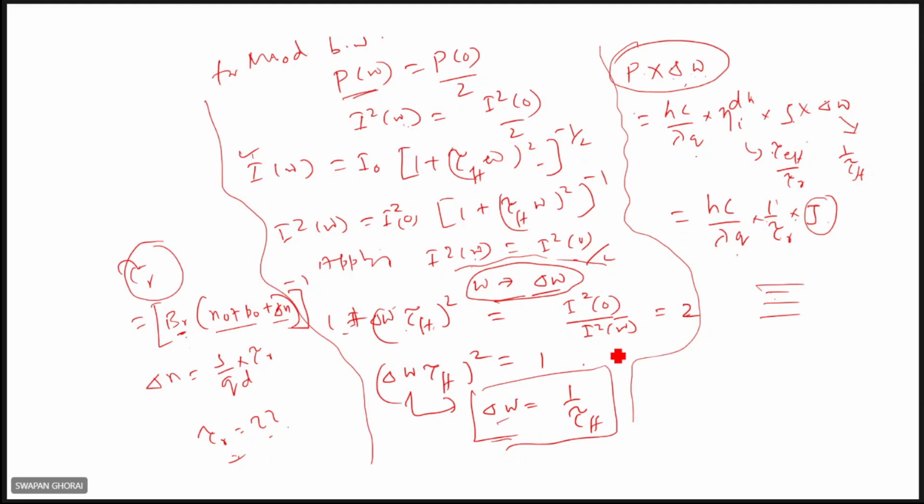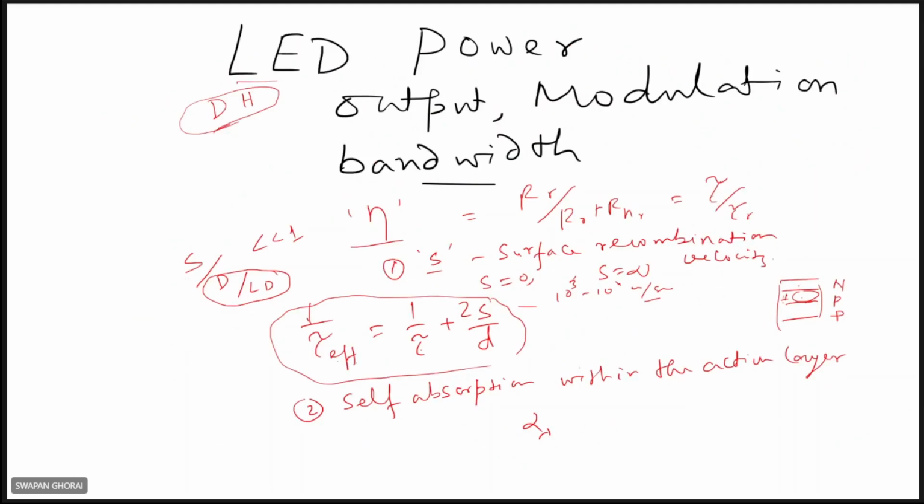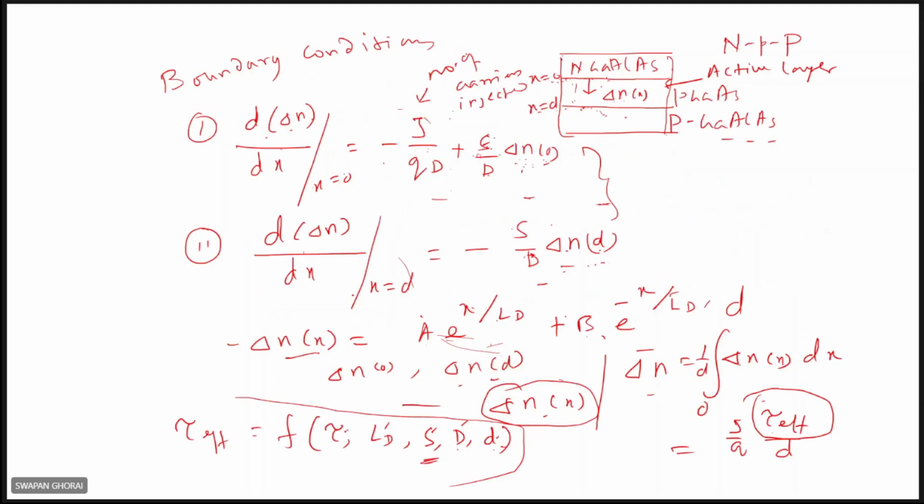When the LED is modulated, the intensity will be modulated according to these relations, and the modulation rate will actually be determined by tau effective, the effective lifetime. So this completes the LED. What are the things? LED power, LED modulation rate, modulation bandwidth, the configurations, their heterostructures.